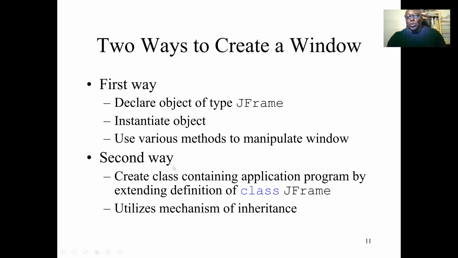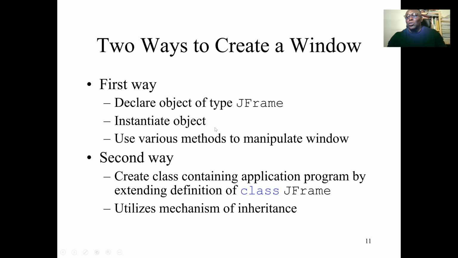The second way is to use the inheritance concept, which means we create a class containing the application program by extending the definition of class JFrame and utilizing the mechanism of inheritance. In this class, we are not going to discuss inheritance. That will be in the Java 2 class. So we are going to use the first way, which is more like the object-oriented concept.